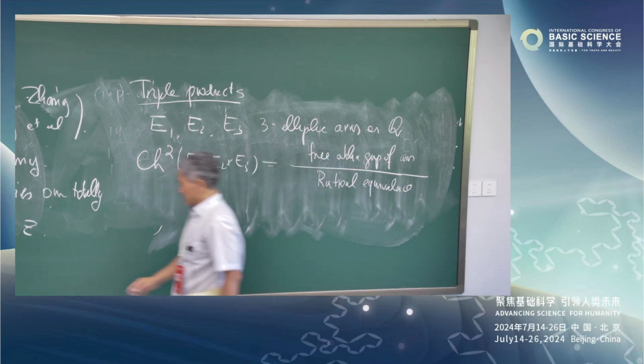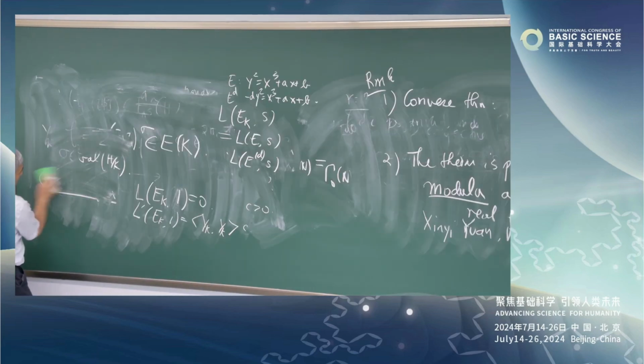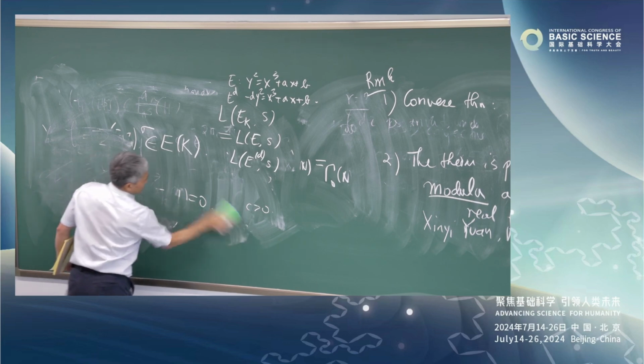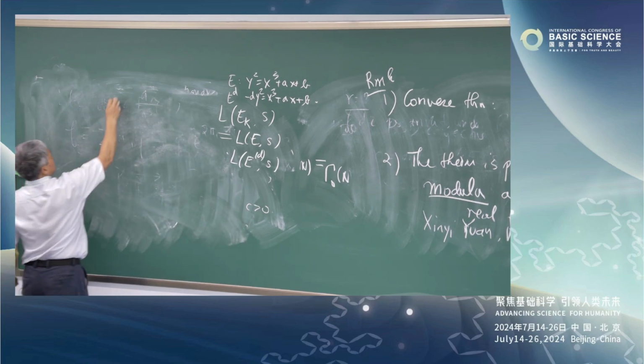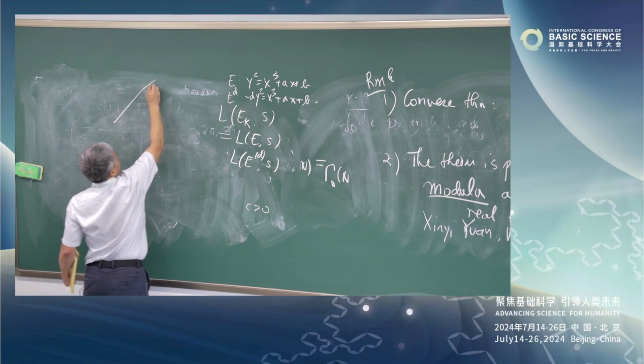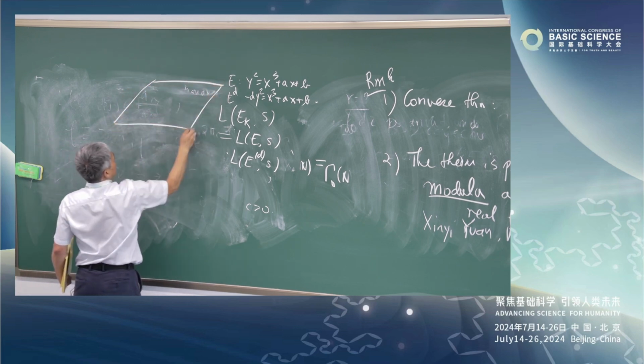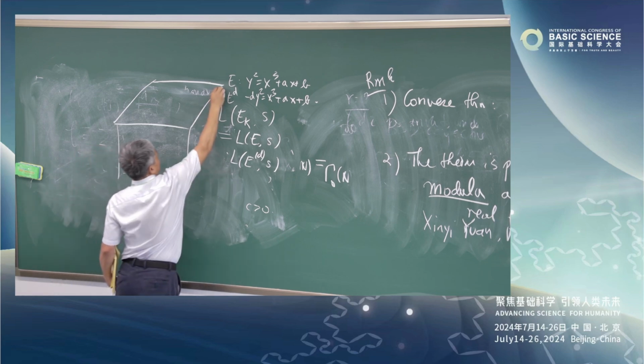This gives you some idea: rational equivalence is something you can never study on geometry. We have this, the product of 3 elliptic curves there.